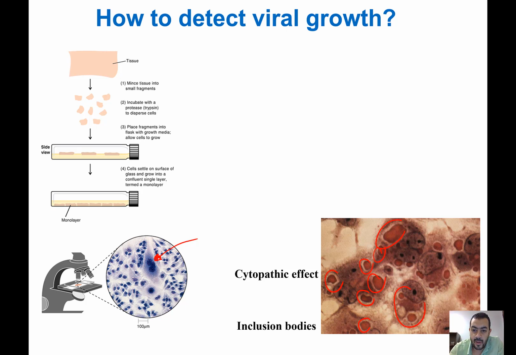So if you wonder which of the three flasks, you can take a sample of the cell culture, put it under the microscope and examine it. The flask in which the cells show the cytopathic effect will be the flask containing the virus.